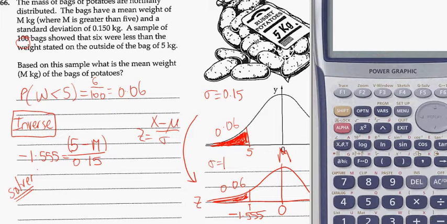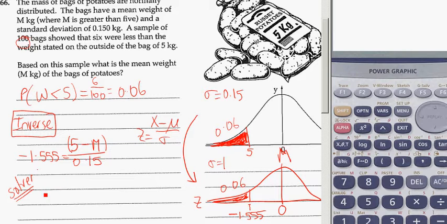And when we ask the calculator to solve that, it comes up with a value for the mean of 5.23 kilograms. That's rounded to 2 decimal places.